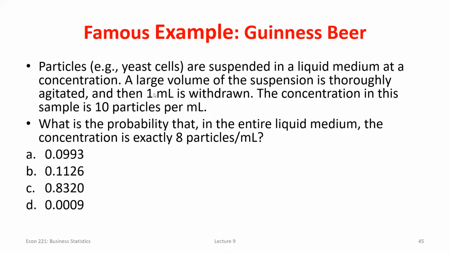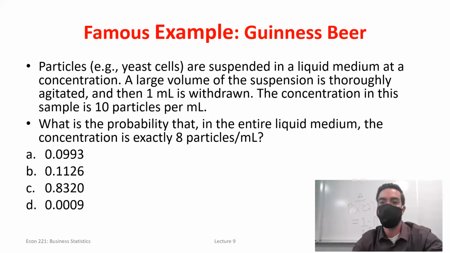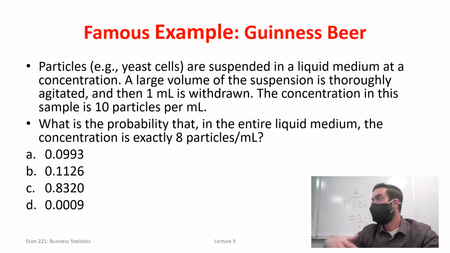So what he noticed was, if I'm wanting to test this huge vat of liquid that I'm trying to brew, right? Well, the problem is I can't test the entire space. Like let's say I have, I don't know, a couple hundred liters. I can't test each individual milliliter of that huge vat, but I can take out a milliliter at a time, right? So if I take out a milliliter at a time, he noticed that the concentration on average was 10 particles per milliliter, right?